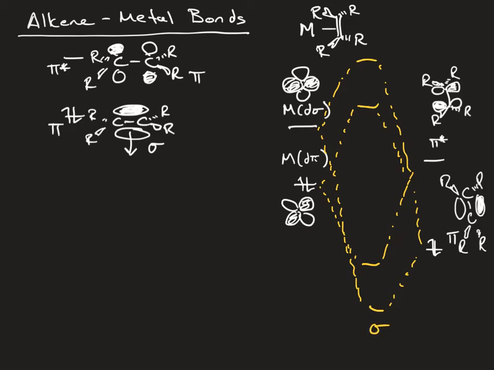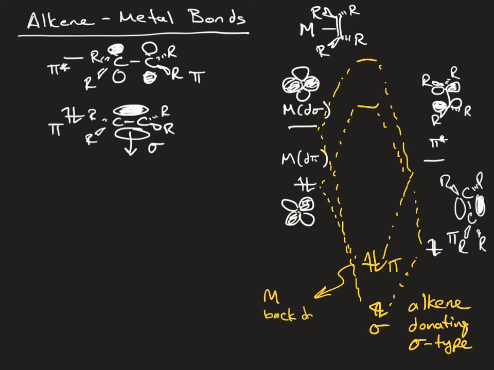Where we have the sigma here, and this is from the alkene donating in a sigma type fashion, while the pi type orbital is due to the metal, the two electrons in the metal d pi type atomic orbital back donating in a pi fashion.